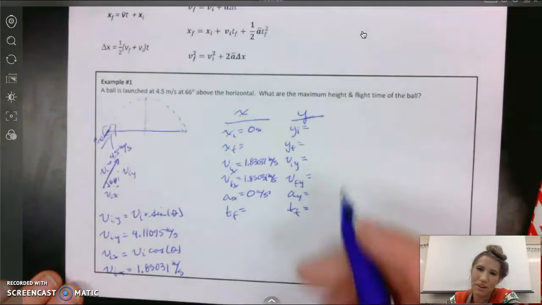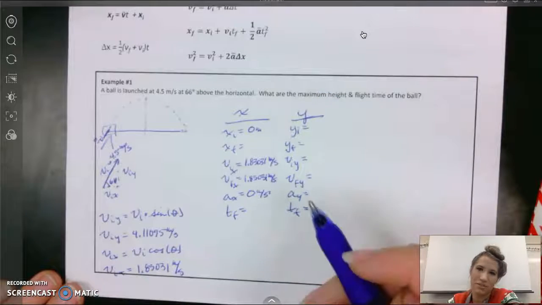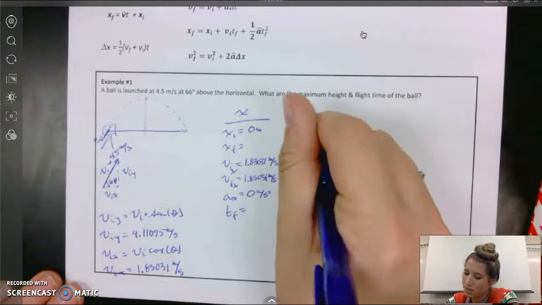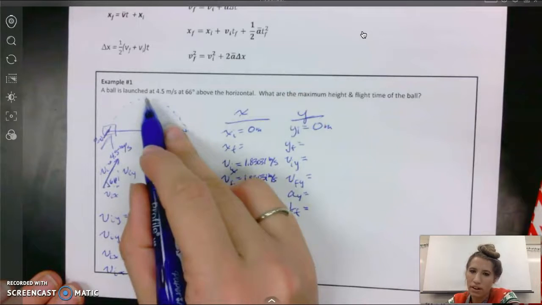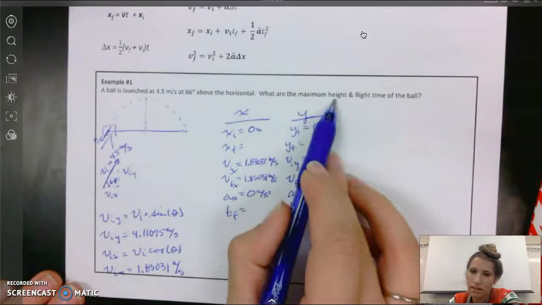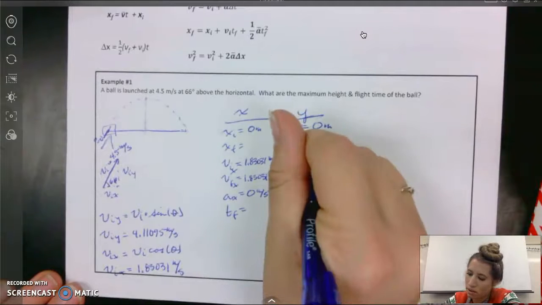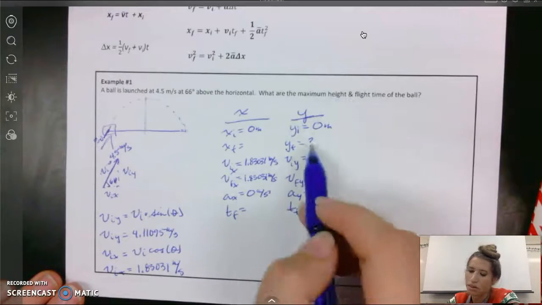Now let's move on to the y's. Y initial, I'm at the origin, so that's going to be 0. Y final, I'm all the way up here. I don't know what that is, but don't you think that would be the maximum height? So that's one of the things I'm looking for, but we'll come back to that. We're going to start here.